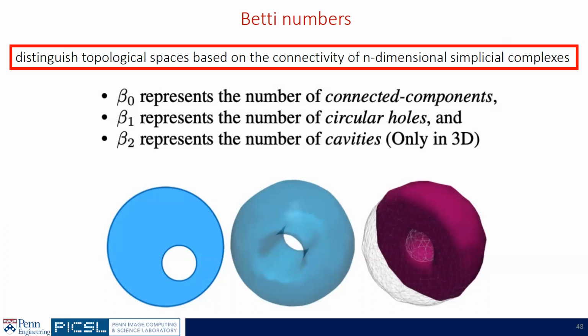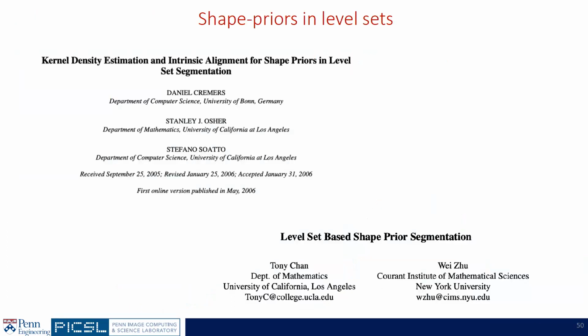Circular holes and cavities, we want to get rid of these things in our segmentations, right? So think about how you can use these things to make sure your segmentation is correct.